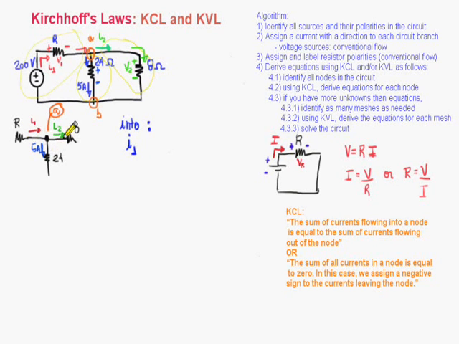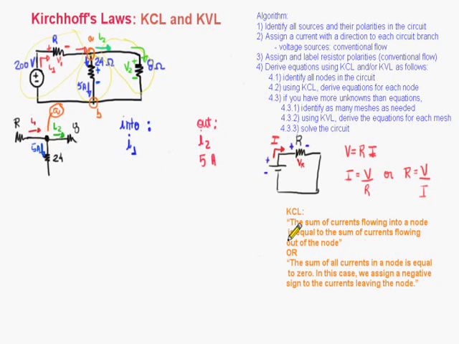It is the only current flowing into node A. And what about currents flowing out of the node? We have I2 here and 5 amps here. So we have 2 currents flowing out of the node, 1 current flowing into the node A.